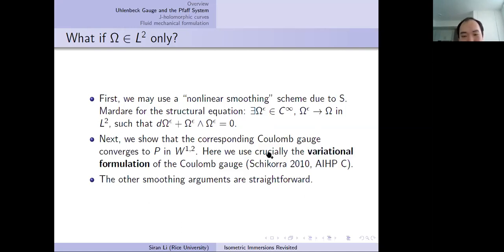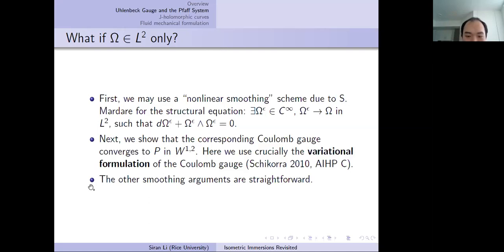And next, in this way, I start with ω_ε, the smooth versions of ω, which converge to ω in L^2. I want to show that for each ω_ε, I can find a Coulomb gauge P_ε, which also converges. Here, I found a nice paper by Schikorra in 2010.